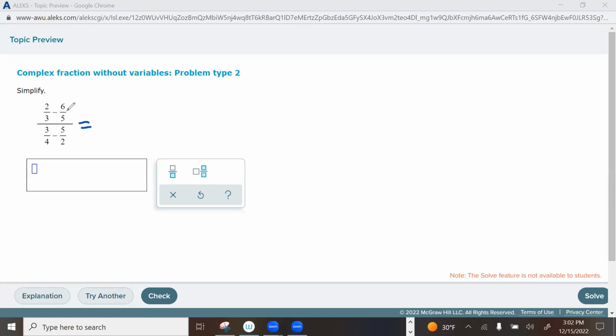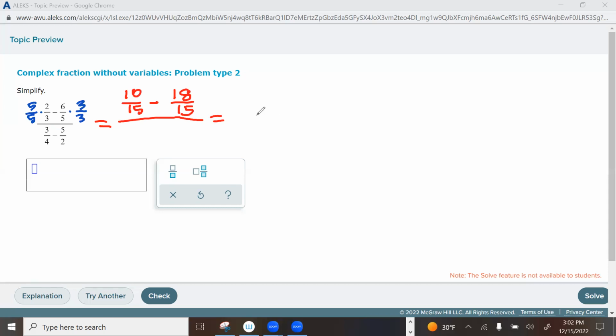Well, I've got subtraction of fractions. That means I've got to have common denominators. So for these two, the least common denominator is 15. So I'll multiply by 5 over 5 and 3 over 3. Okay, so that's going to give me 10/15 minus 18/15.